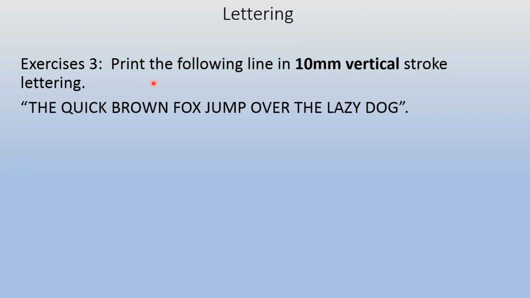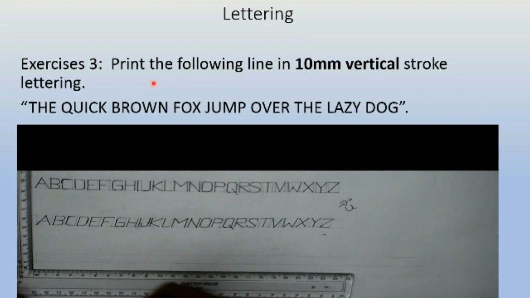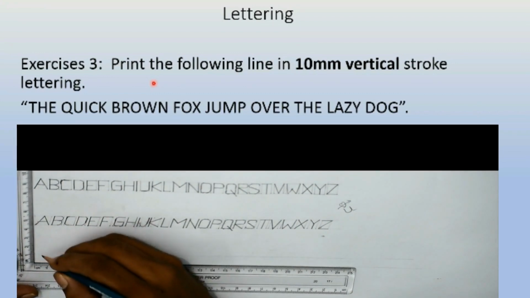So I'll show you now how to do this. So we have to write the quick brown fox jumps over the lazy dog. So the first word is THE. So I'm starting from this line.